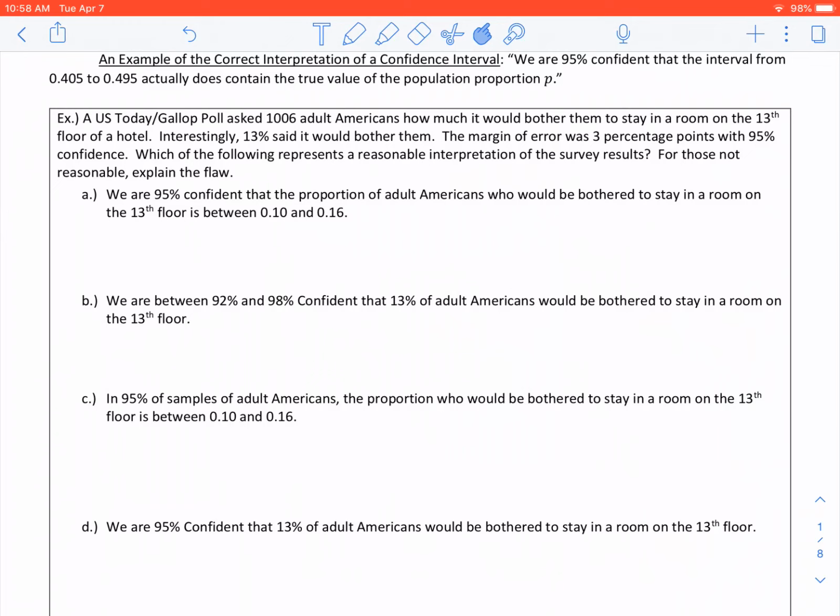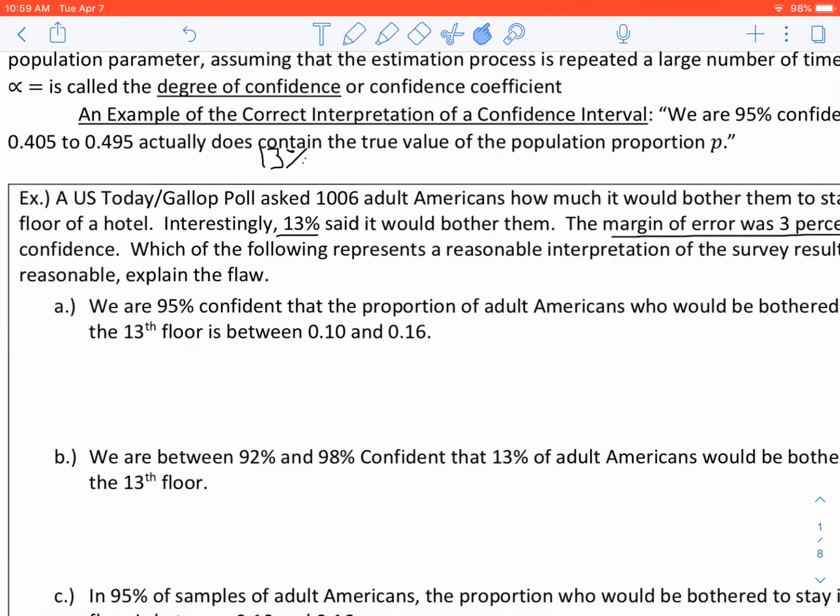First thing is, it does say that 13% said it would bother them to stay on the 13th floor. And we have another idea over here which says the margin of error is 3 percentage points. So that means 13% of people were bothered by staying on the 13th floor, and we have this margin of error, which means plus and minus 3 percentage points.